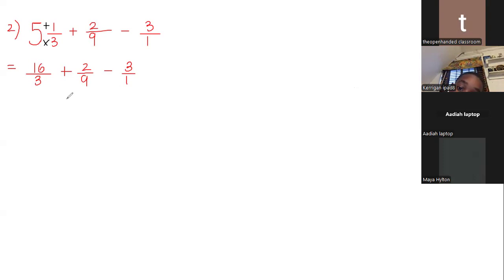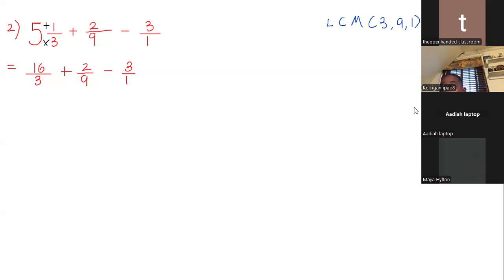Class, what are we going to do in order to deal with these fractions? Find the LCM. Very good. So we have to find the LCM of 3, 9, and 1.